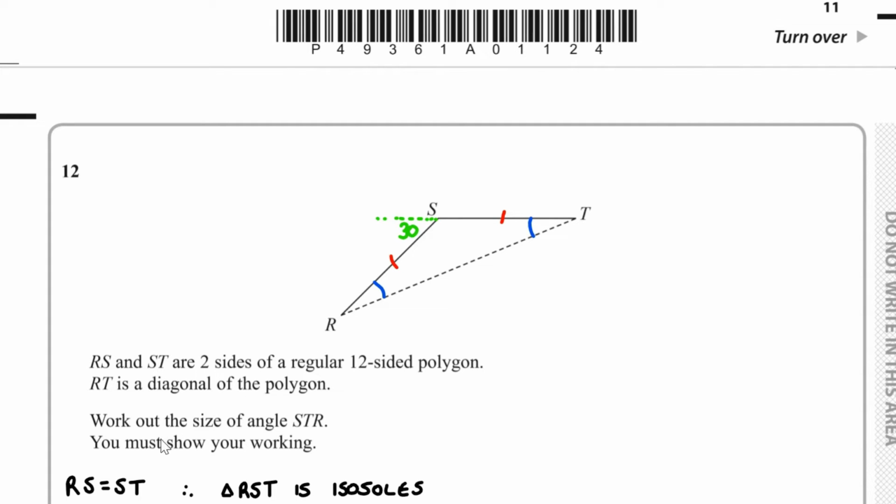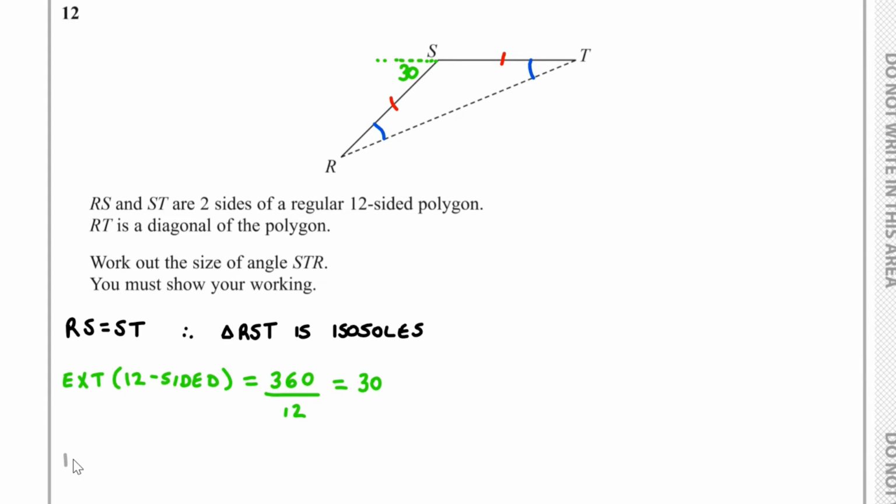We've got 30 degrees here. And therefore, we can find out the internal angle of this 12-sided shape. That will equal 180 minus the external angle 30 degrees. Of course, we get the internal angle being 150 degrees. We have 150 degrees here. So we've got the external angle being 30 degrees, and the internal angle being 150 degrees.